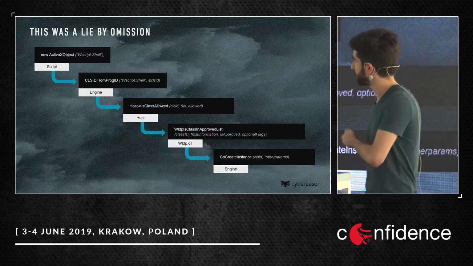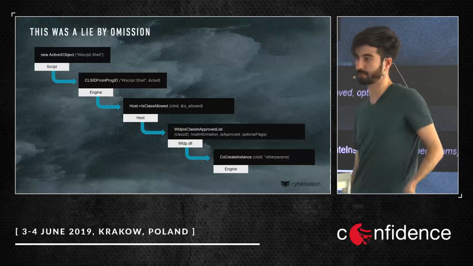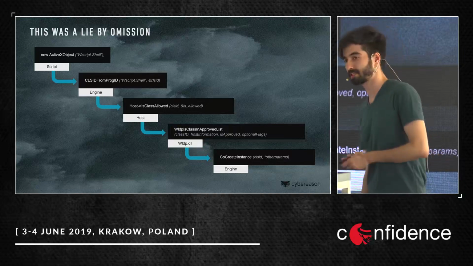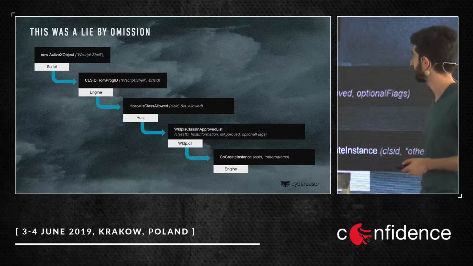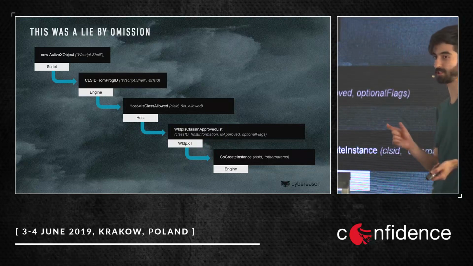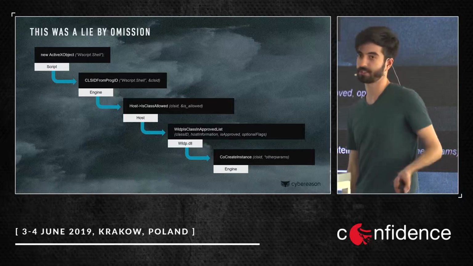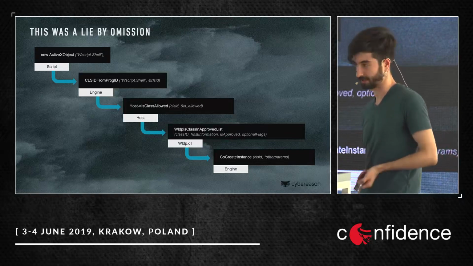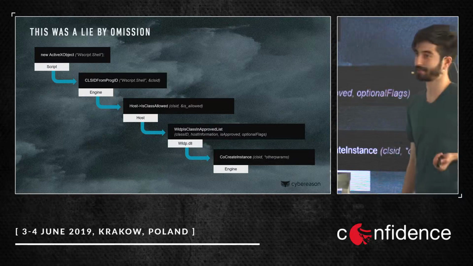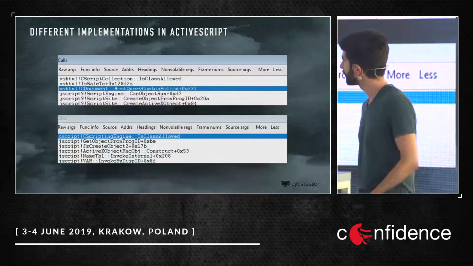But the second arrow from the engine to the host as class allowed is not an import. And there's something interesting about how this function is called. The thing is that there's no single implementation of when and who calls this function, which was actually the basis for a vulnerability because of inconsistent implementations. So let's look at two of them.